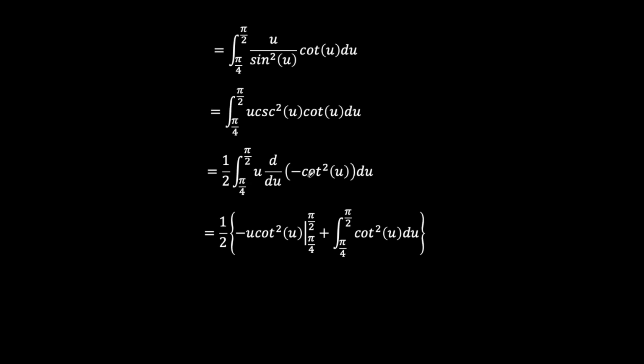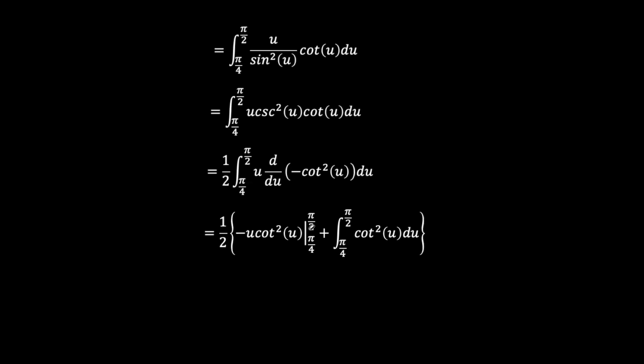Since v is going to be negative cotangent squared u, and then our du equals 1 since u is just this small case u, essentially we're left with the integration of cotangent squared u.